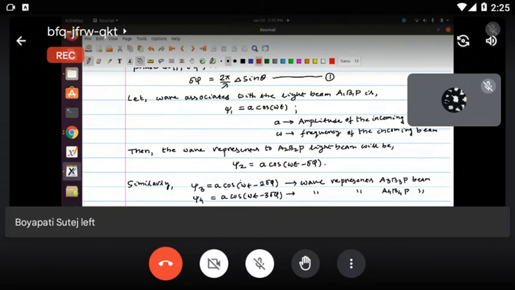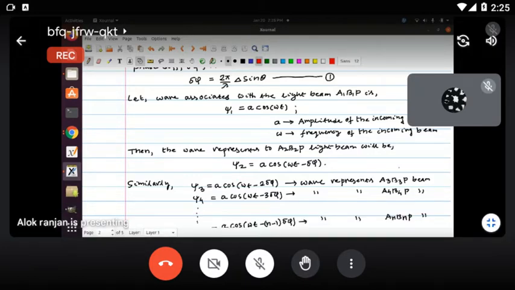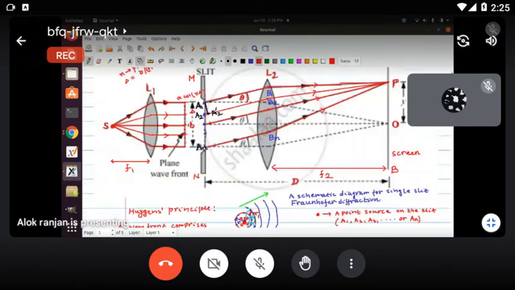Similarly, for the A3 B3 P light beam, you can draw the perpendicular, again with the same path difference in comparison with this one.